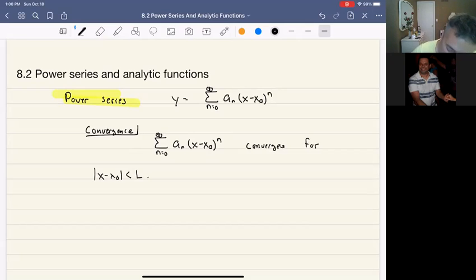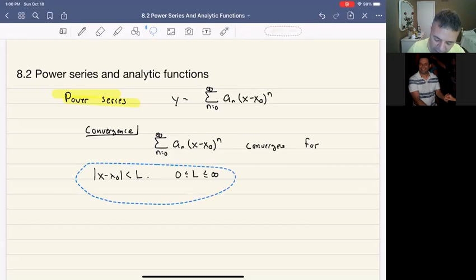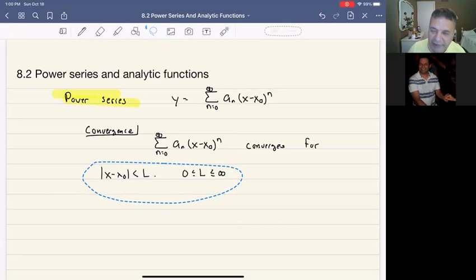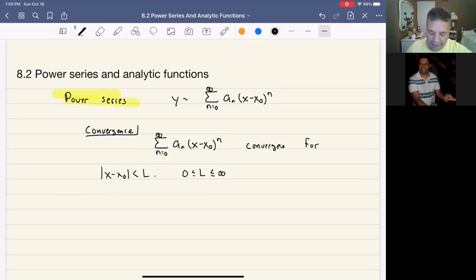And we actually could take L being anything from 0 to infinity. And we actually even include infinity, okay? So let's take a look. This is actually three different cases that you saw in Calc 2, okay?